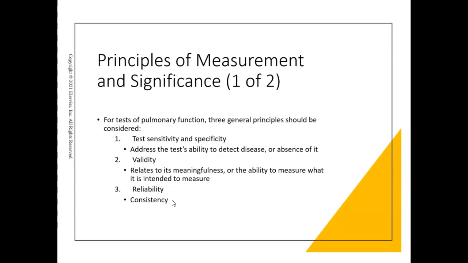If I don't establish validity or repeat the test and establish reliability, then these tests really are invalid, and the doctor's really not able to make a correct diagnosis for the patient based on that.